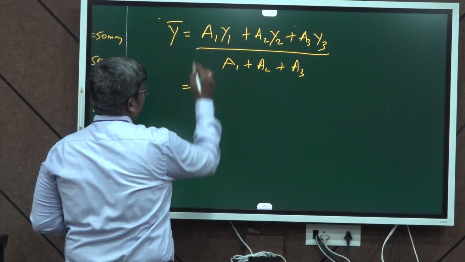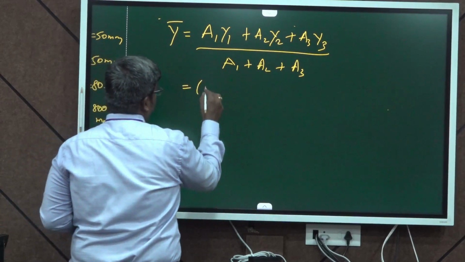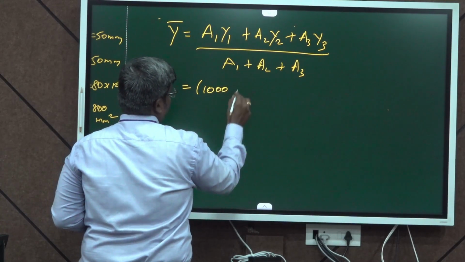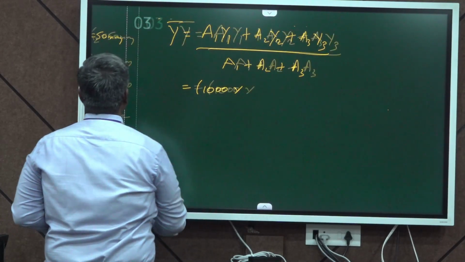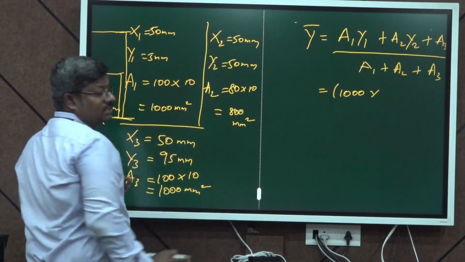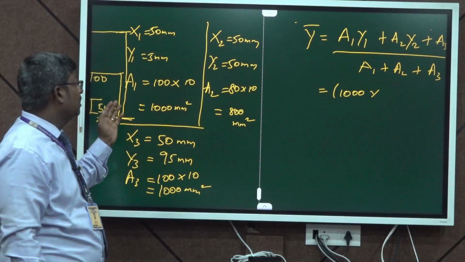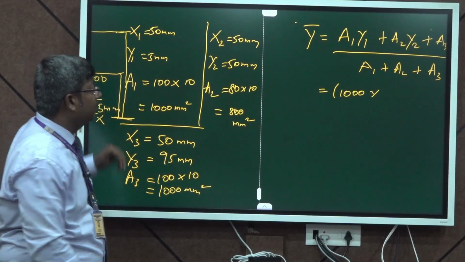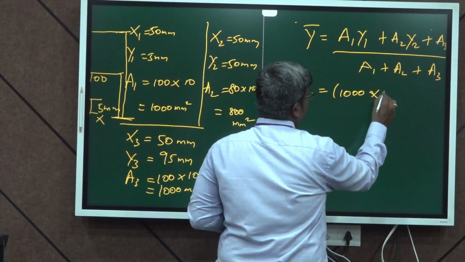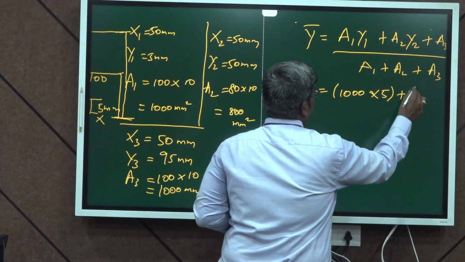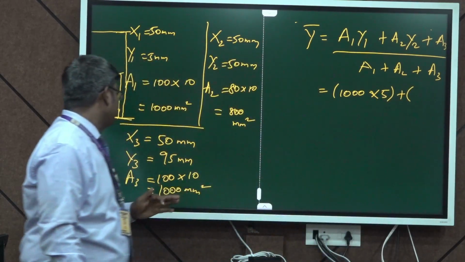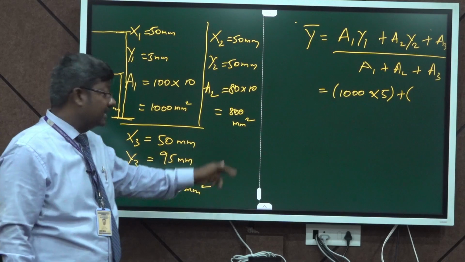We know the first portion area is 1000 mm square. Let me substitute A1 as 1000 and the y1 value. The y1 means the center of gravity of the first portion about the y axis, that is 5 mm. So, I am substituting y1 as 5 here plus A2, that is the area of the second portion, 800 mm square.